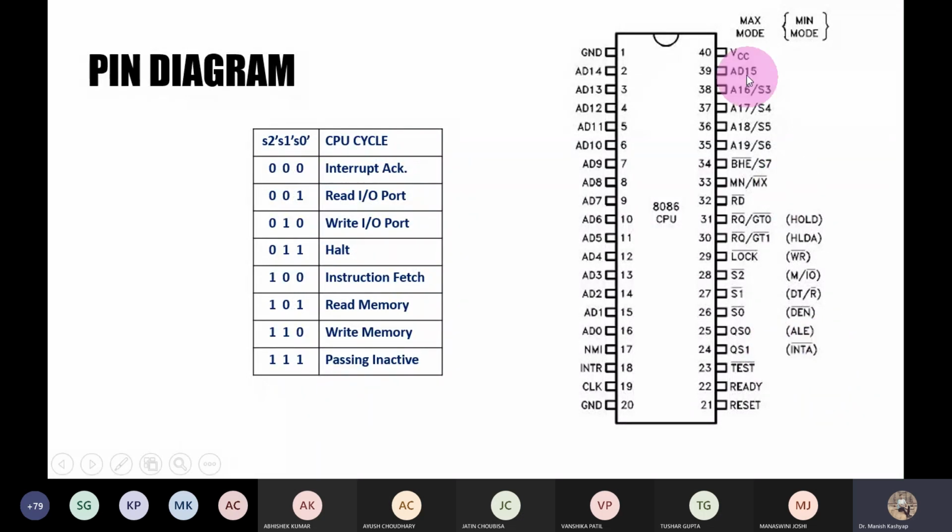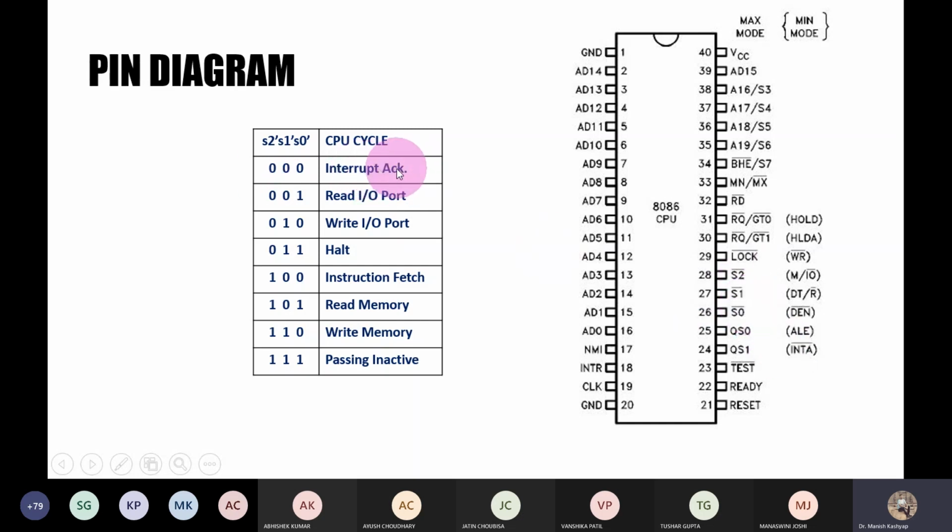But what is the arrangement in maximum mode? In maximum mode there is no INTA bar pin. There are these status pins S0, S1, and S2, and for a very specific value, which is 000 at these pins, the interrupt acknowledge, that is the INTA bar function, will be performed, right?